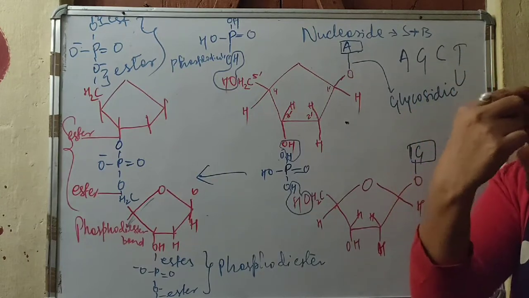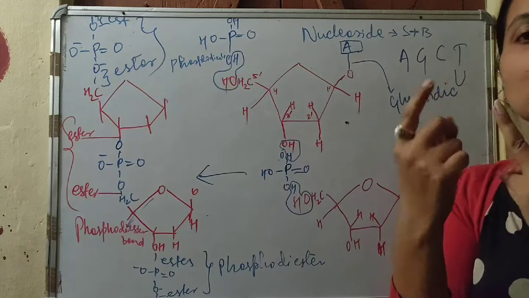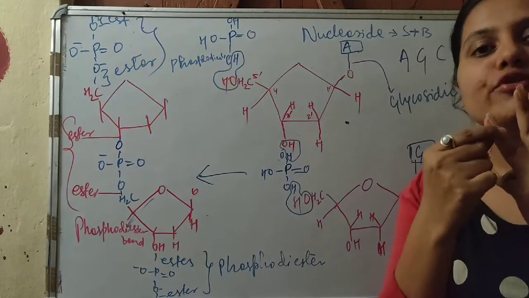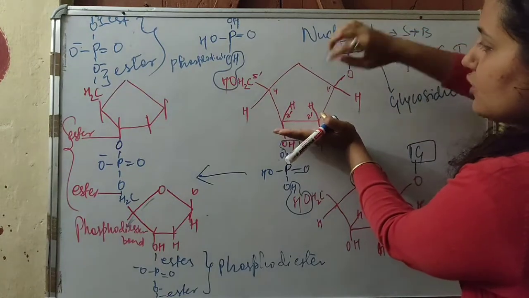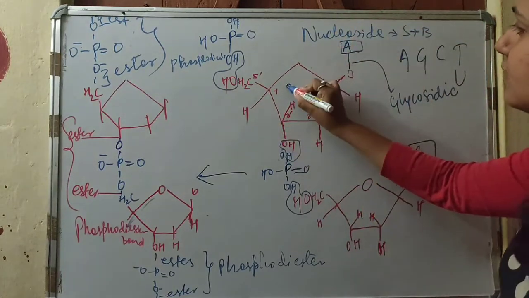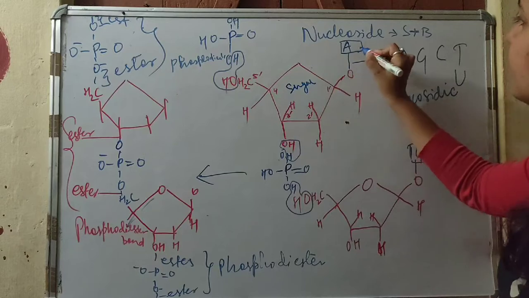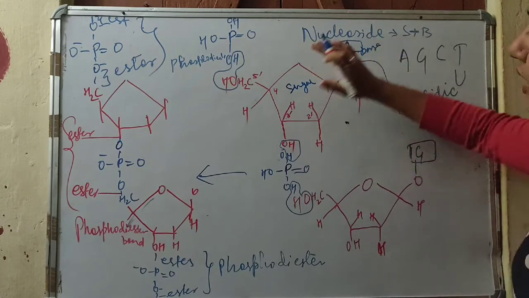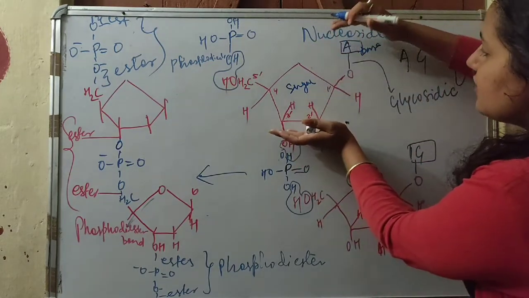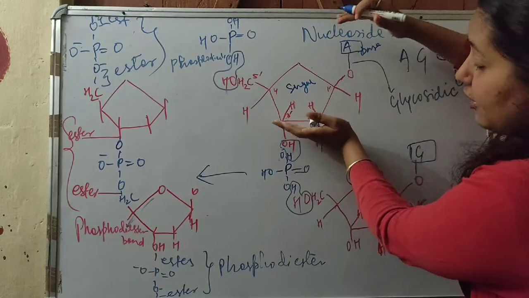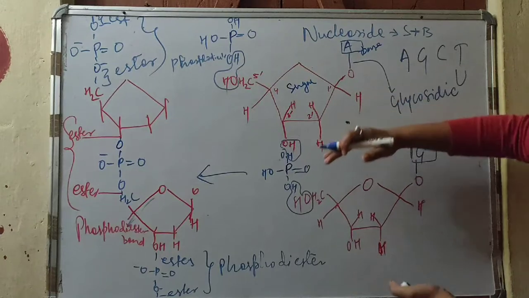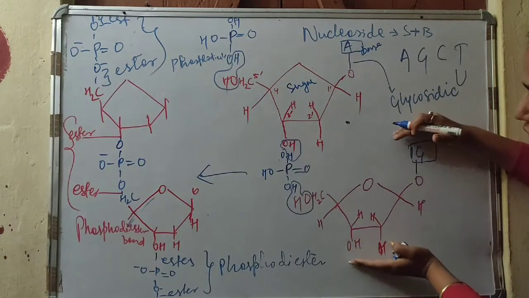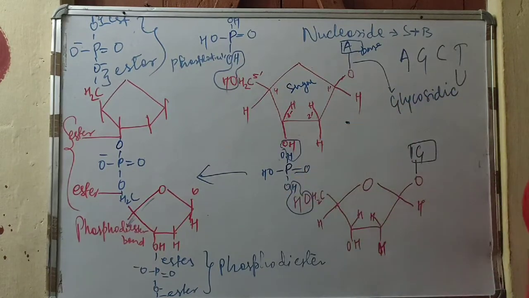So two nucleosides will be attached to one another with the help of a phosphate group. This is one nucleoside, sugar and base. This is sugar and this is base. This one nucleoside will be attached to the next with the help of phosphate, and this is again another nucleoside, and these nucleosides will be attached to one another with the help of phosphate, right?